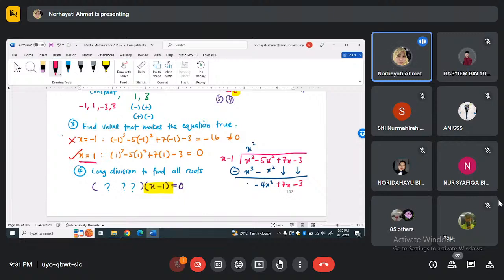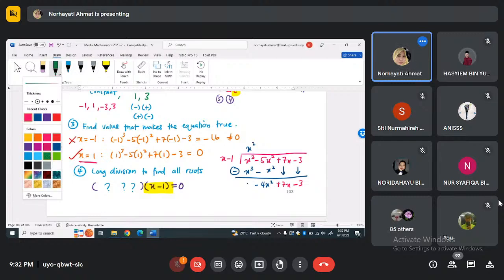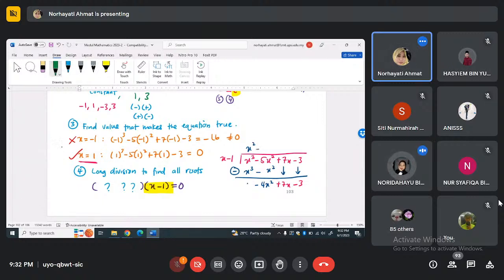So we need to find what times x gives us negative 4x square. Apa dia kelas? Negative 4x. Good. Negative 4x times x is negative 4x square.